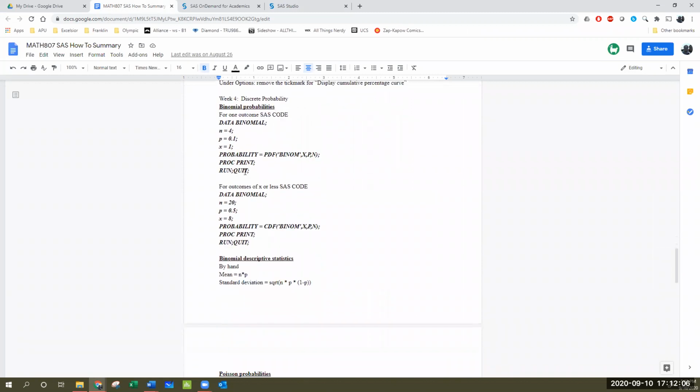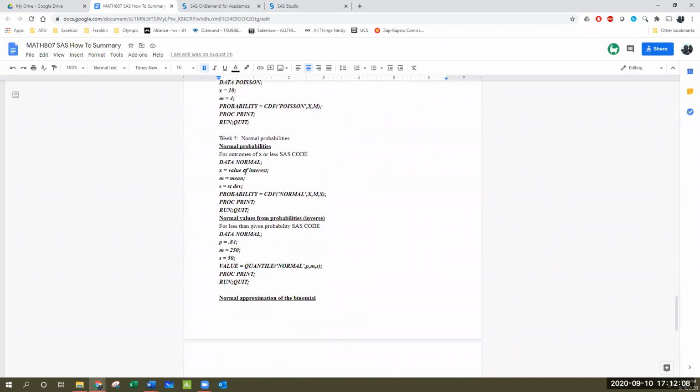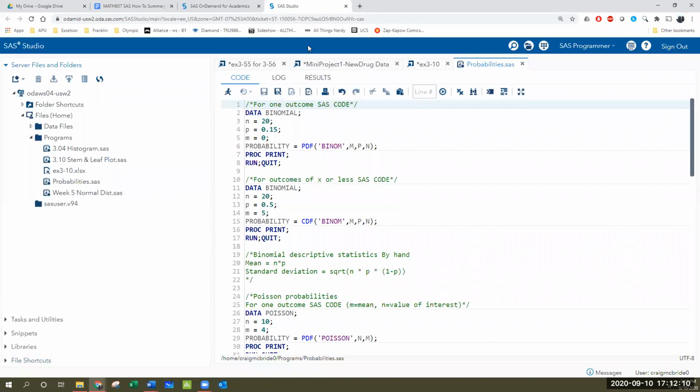Here's all your week 4 formulas, right? And once you put them in SAS, it's just a matter of changing the numbers to the right thing. So in this case, we want to know the probability of n being 20, success being 0.85, and our number of successes being 20.